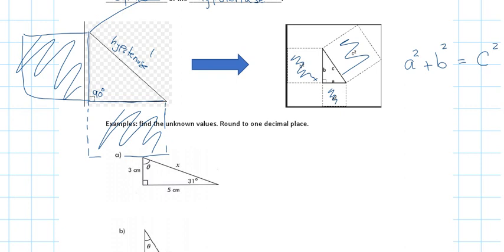Now, if I know C and B, for example, I can find A, but I have to move things around. So if I know C and B and I'm looking for A, I can do this. A squared equals C squared, bring this over. What does it become?